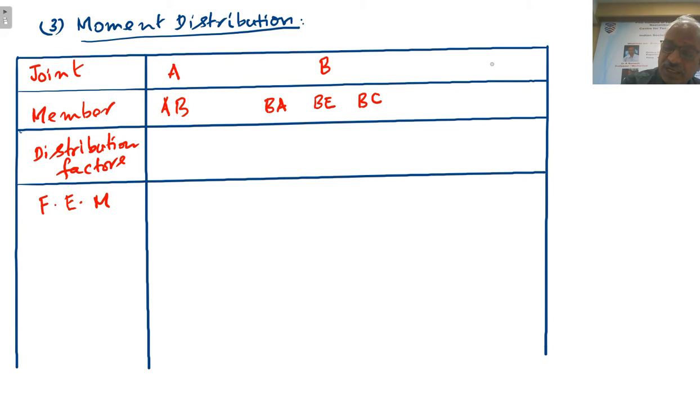And we have got a joint E. That's all. Here you got only one member, AB.